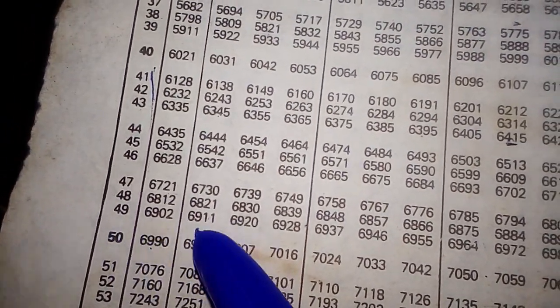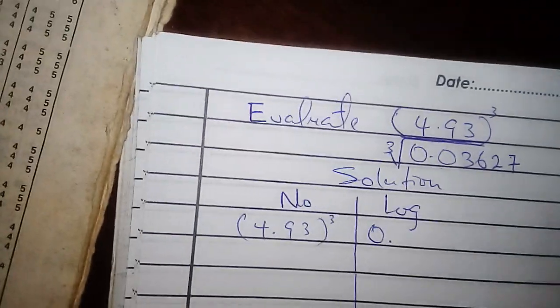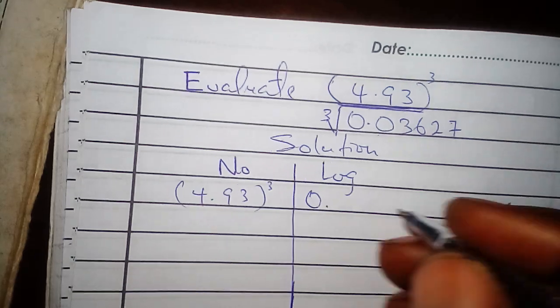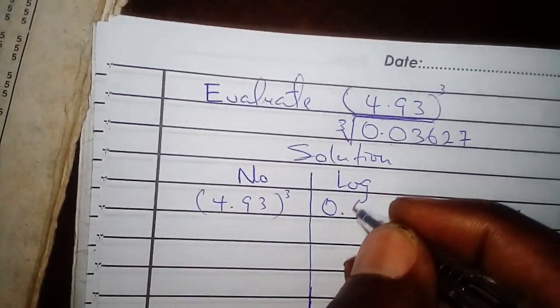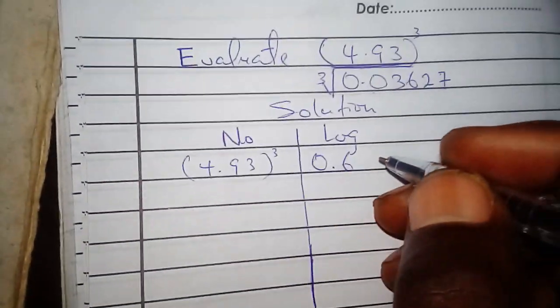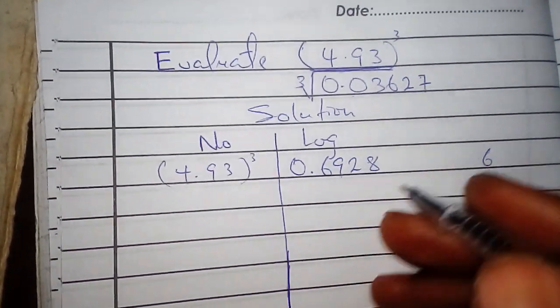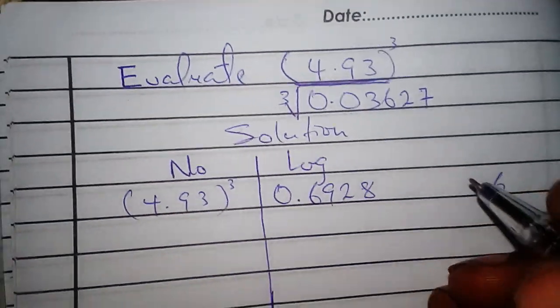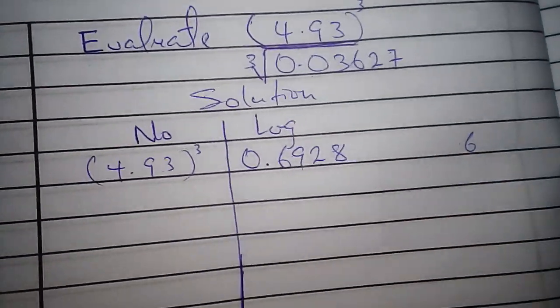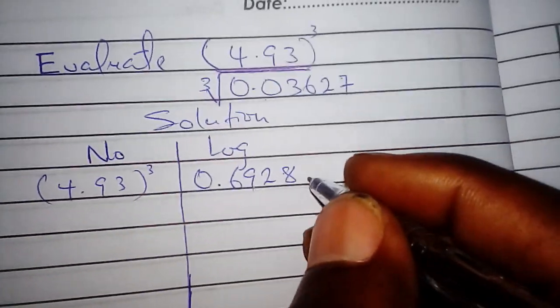So we have 0, 1, 2, 3: 69, 28. There is no difference. So 69, 28. This power here connotes that we are going to use multiplication, so you times it by 3.